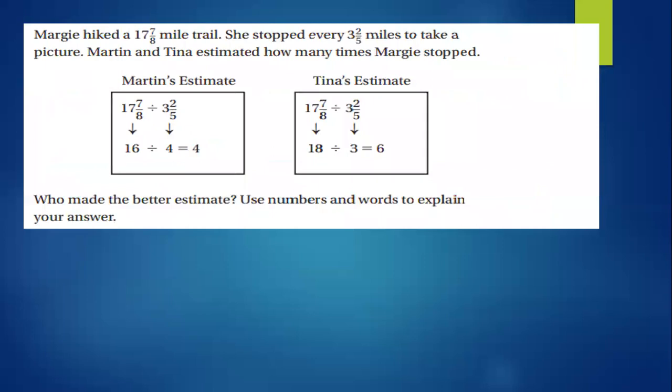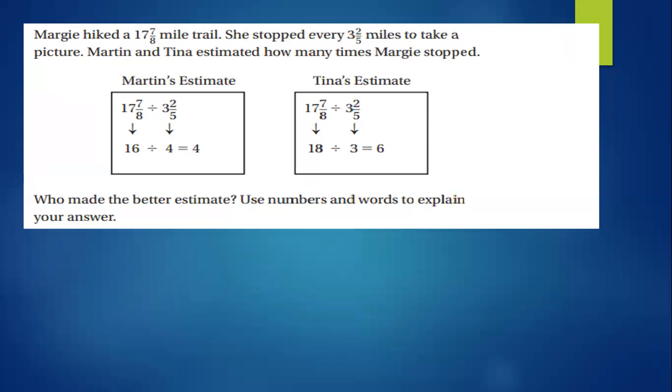Now the next one. Margie hiked a 17 mile trail. She stopped every 3 2/5 mile to take a picture. Martin and Tina estimated how many times Margie stopped. So Martin's estimate was 17 divided by 3 2/5.